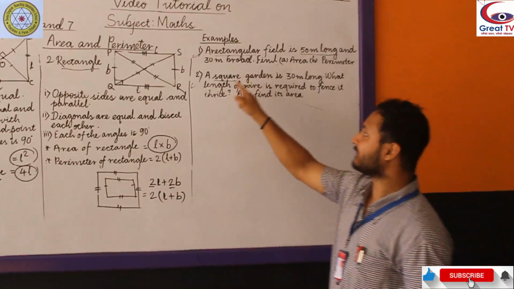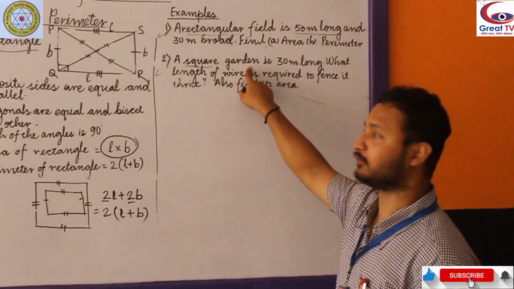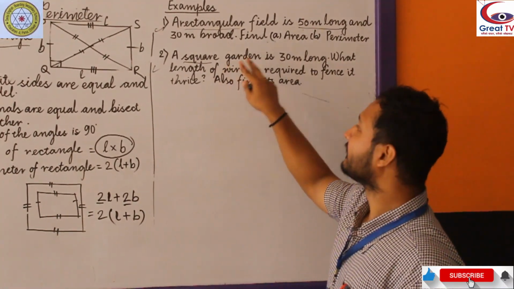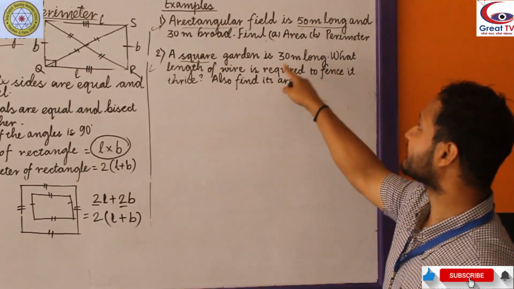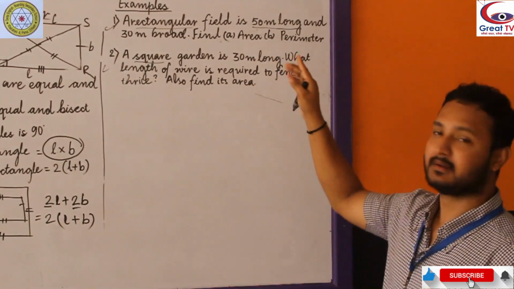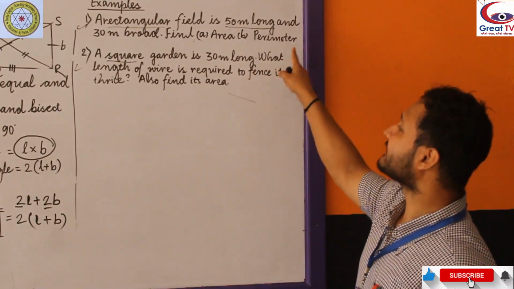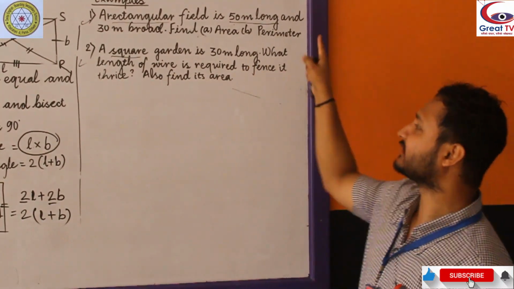Now, second question. A square garden. You might have seen a garden, which here in the question is in square shape. A square garden is 30 meter long, means its length is 30 meter. Then what length of wire is required to fence it thrice?